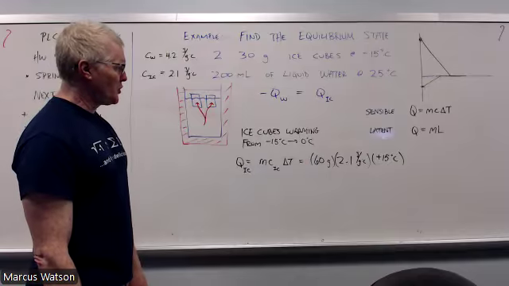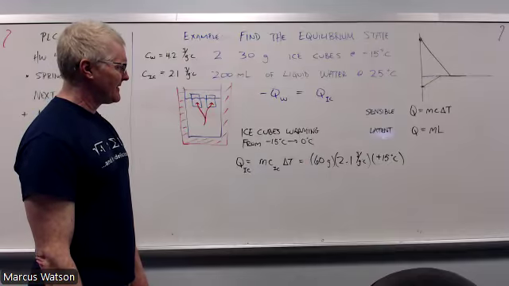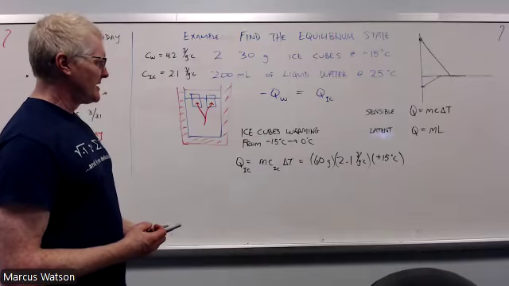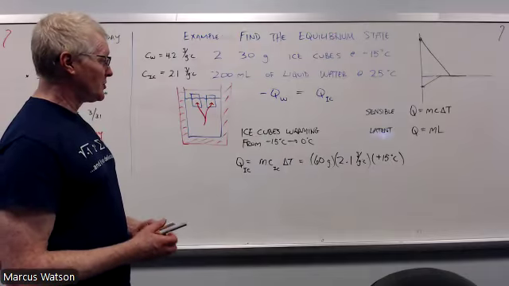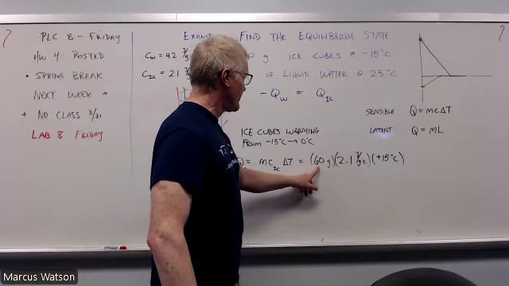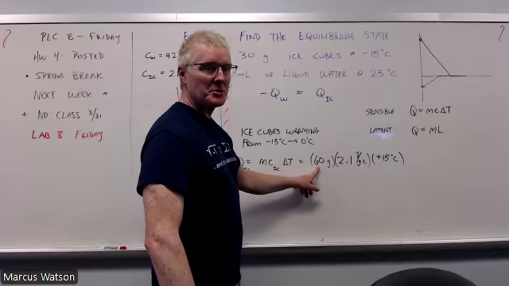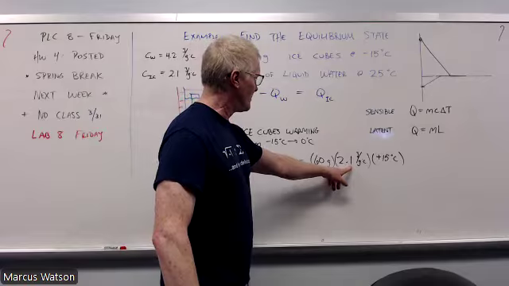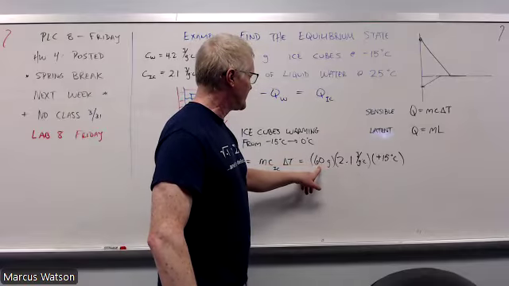Okay, so if you calculate that, what's the easiest way to do that? I guess 15 times 2 is 30, and then 30 times 60 is 1800, but then I've got to add on a 0.1, which is going to give me a 1.5 times 60, 90.